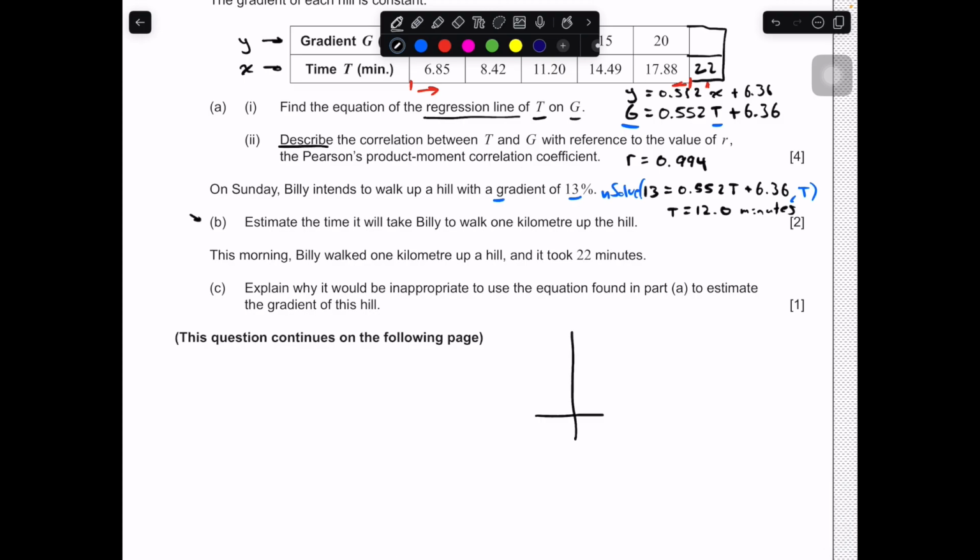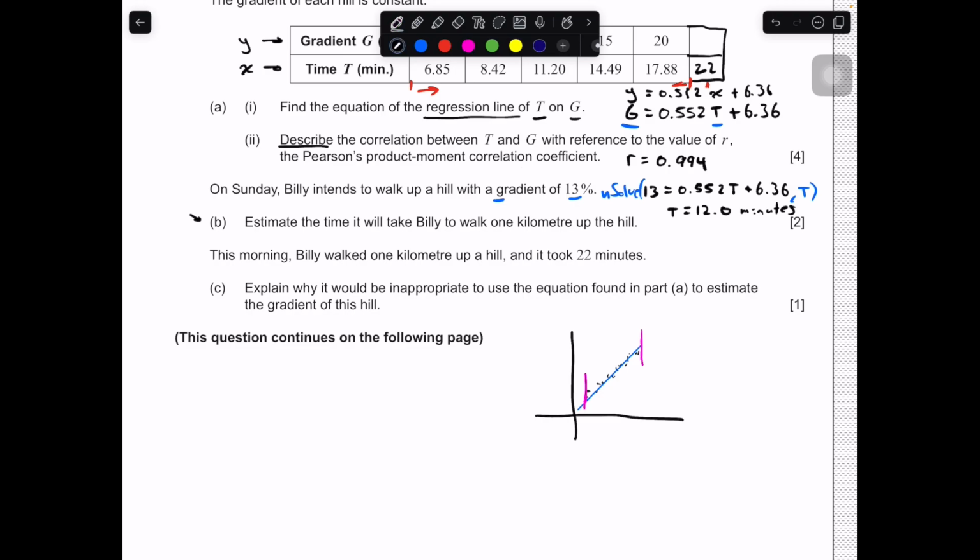That means that we actually have what's called extrapolation. So just a really quick summary here. If we have a set of values that we've collected data for, and then we create a line of best fit or some regression line, which models it to some degree, and the correlation is strong, then we can be relatively sure that we can use this regression line to get some decent predictions.